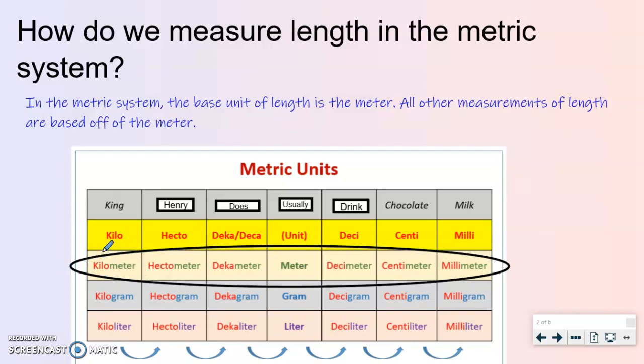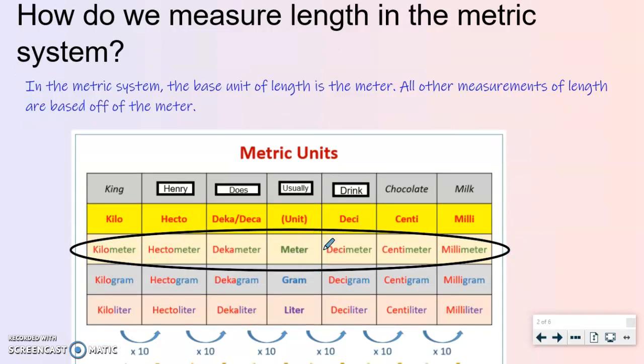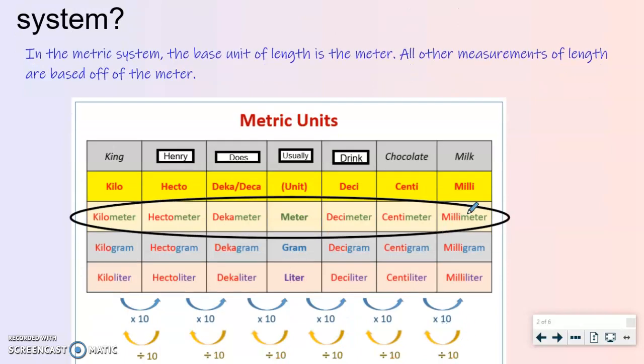So the largest unit that you can measure something in length in the metric system is the kilometer, and the smallest is the millimeter. And remember what we talked about yesterday too, how this uses the base 10 system. So if you're going from a larger unit to a smaller unit, you're going to be multiplying, increasing that number.